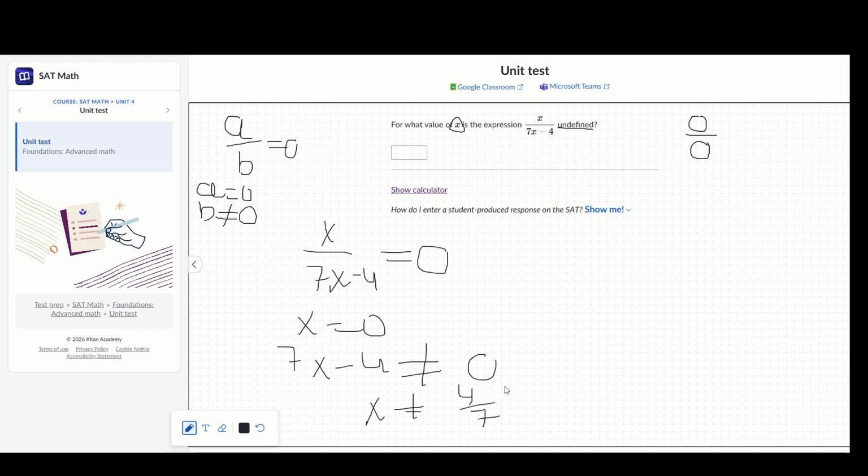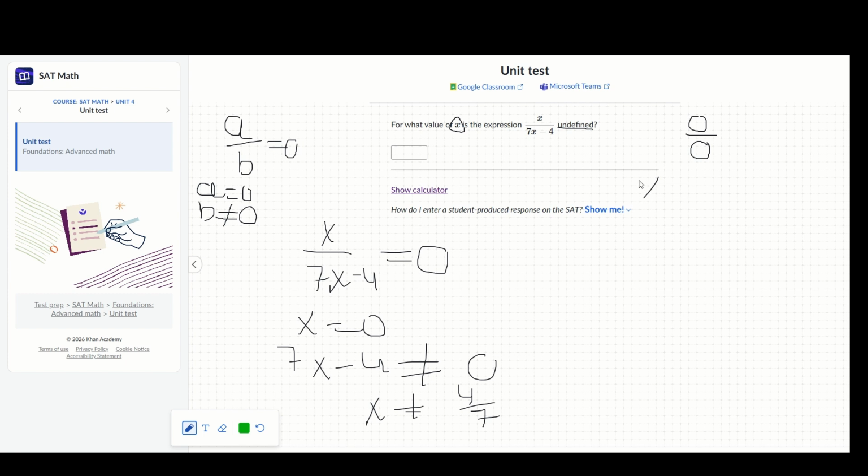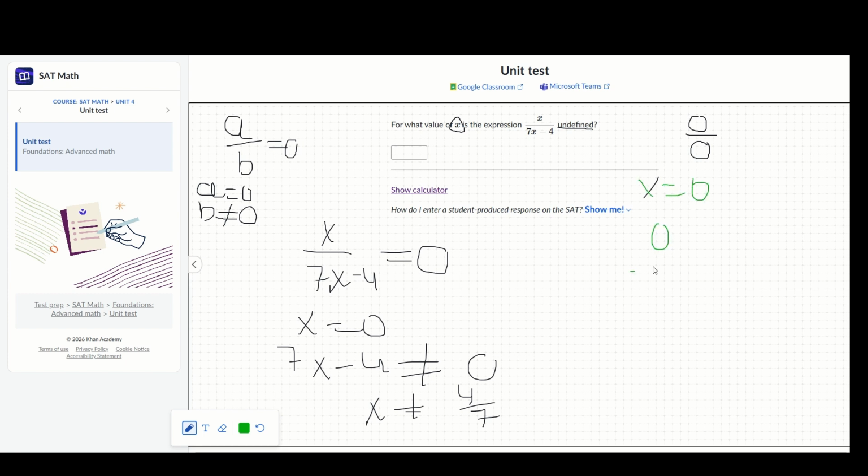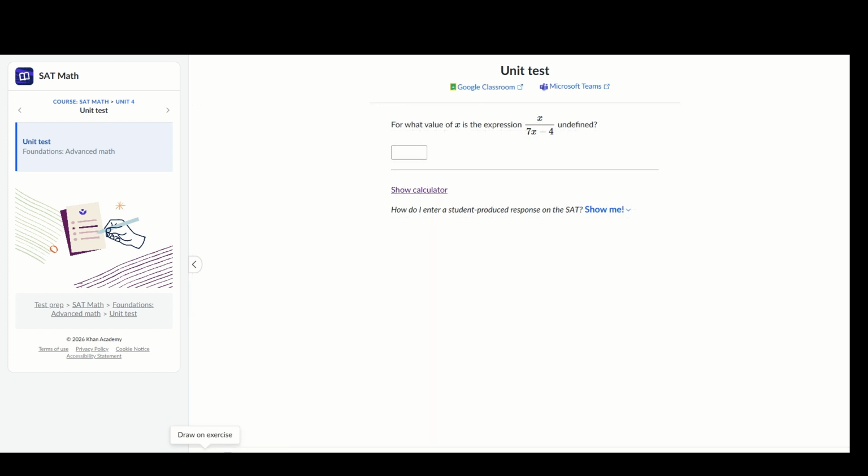Okay, let me check. Let's put it in and check it. In the case of the first one, if we put x equal to 0, it would be 7 multiplied by 0 minus 4, and this kind of expression is undefined. Let me check this one also.